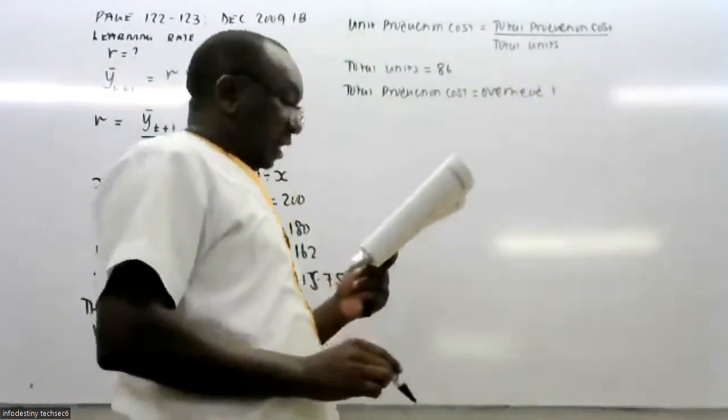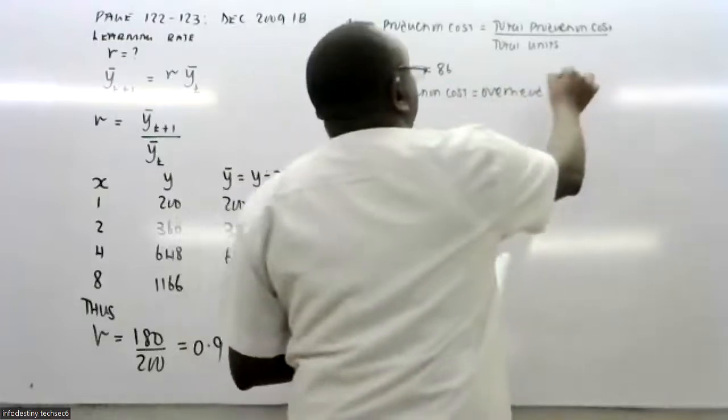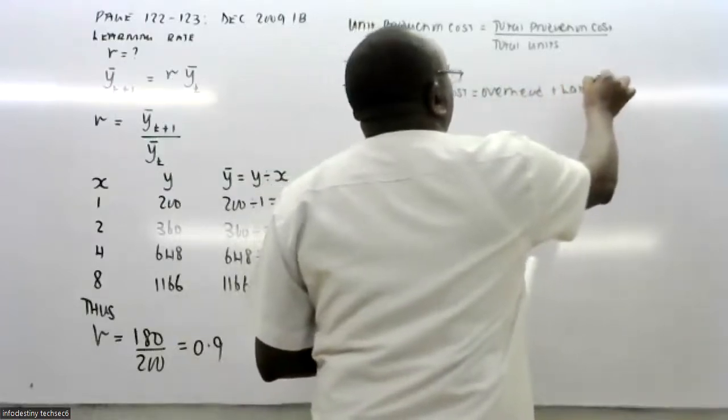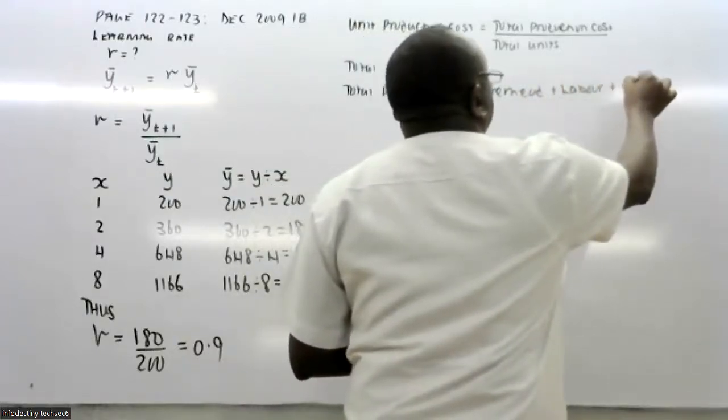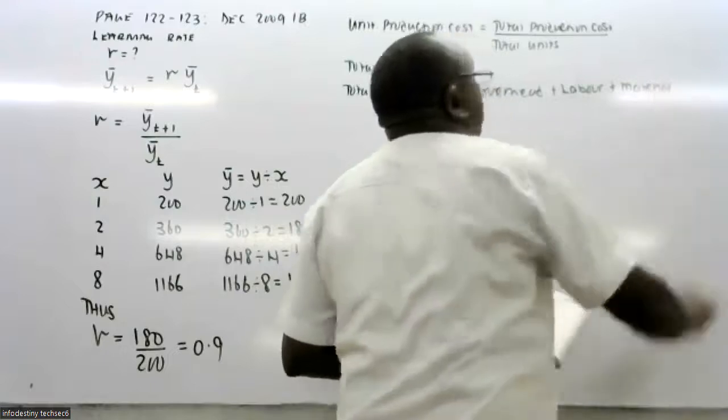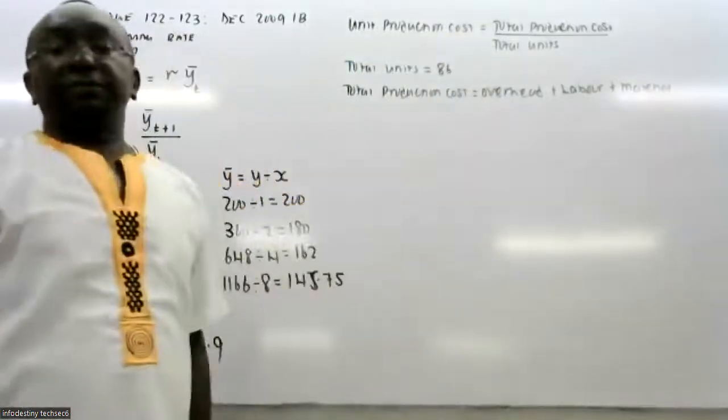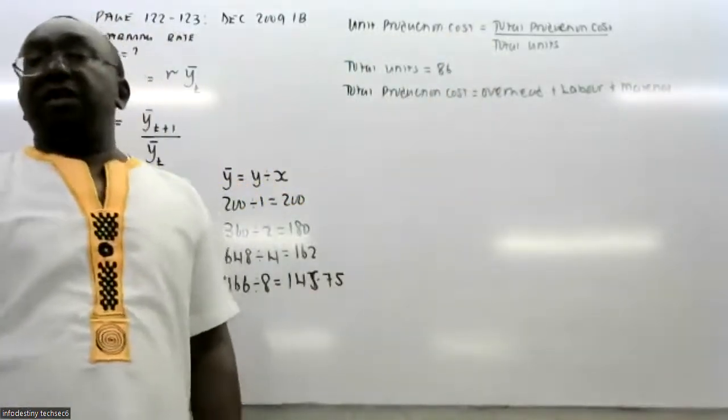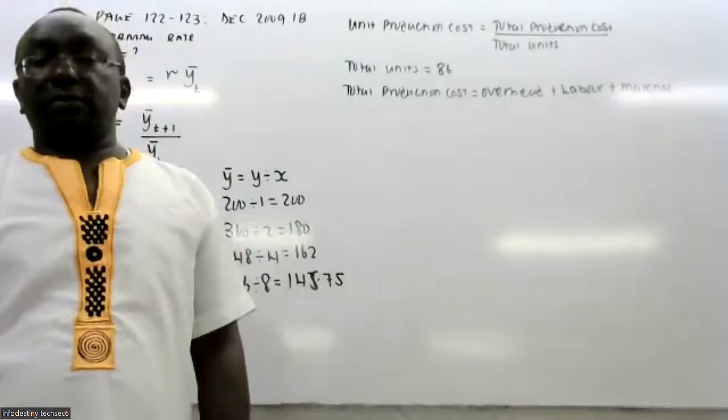Plus labor, plus material. Those will be the three makeups of costs.